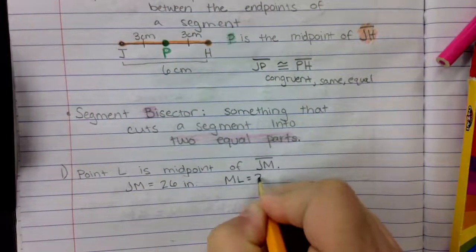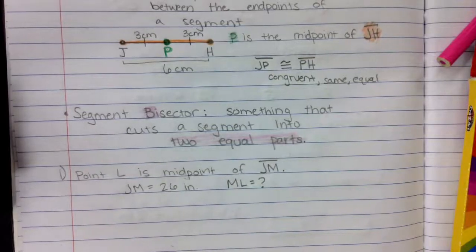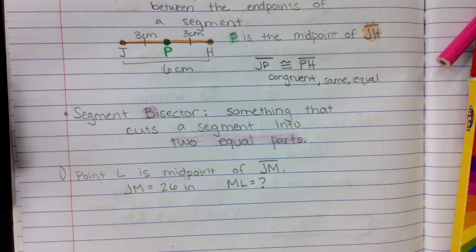Nice. If you can jump right in here and say, I know I need to split it in half, because midpoint means middle. So I'm going to take my 26, because that's the total, and cut it in half. I know each half is 26 divided by 2, which is 13.